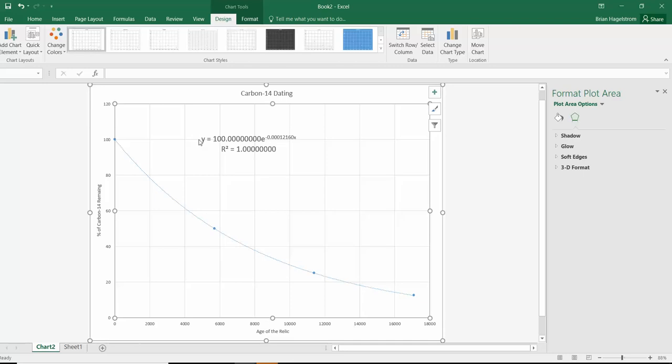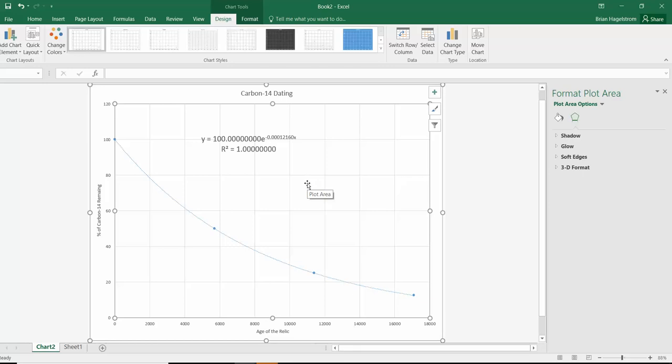What we're going to do is let our y value be 20 for 20%, and then go ahead and solve for x, which is the time. If you do that, what you're going to get for this problem is that the fossil is going to be about 13,235 years.